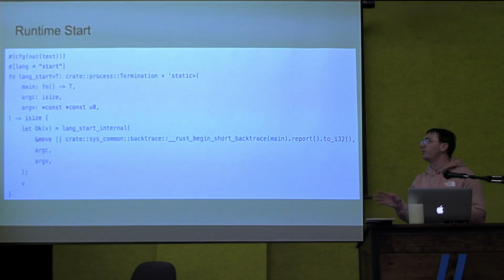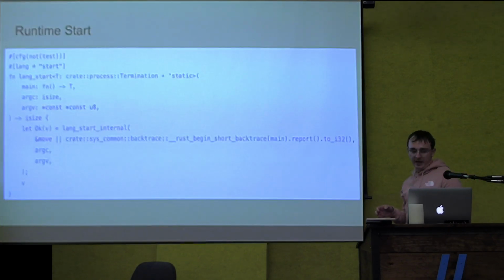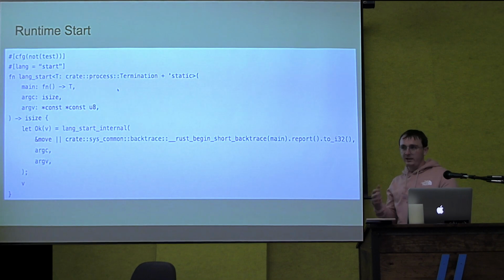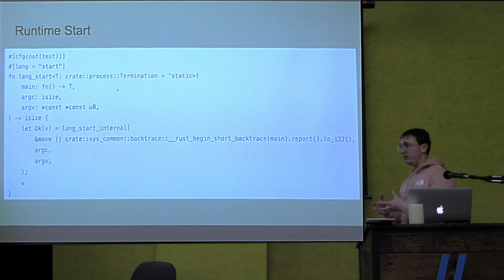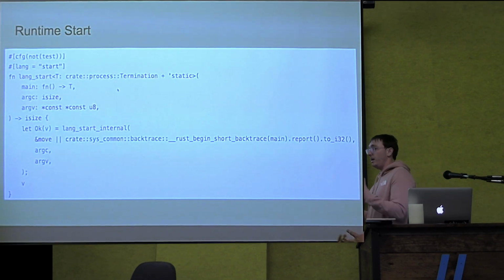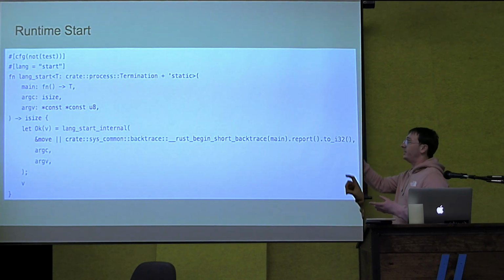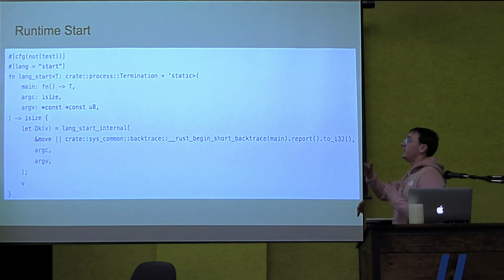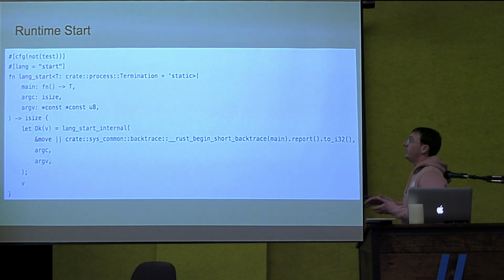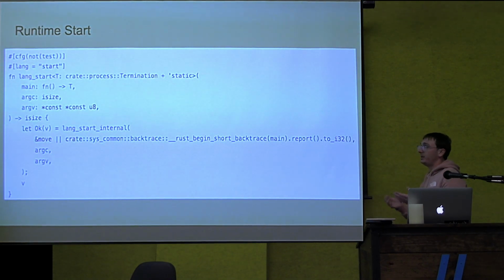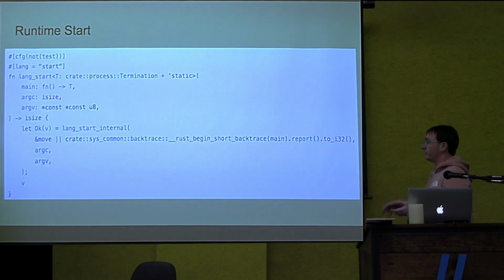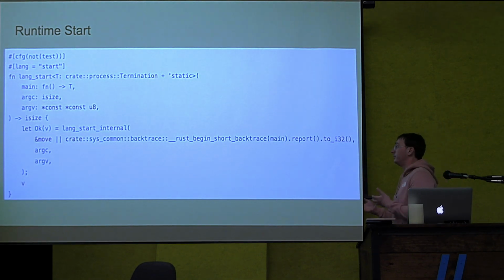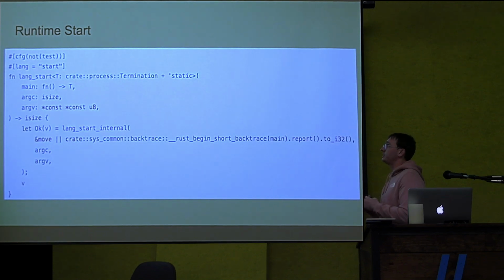But for now, we just need to understand that when you are running a Rust binary, you're not entering into main. Specifically, there is an entry point that is defined by this lang equals start, into which the binary and the runtime will enter for the bootstrapping process before main is ever executed. And as we can see, main is provided as a function.